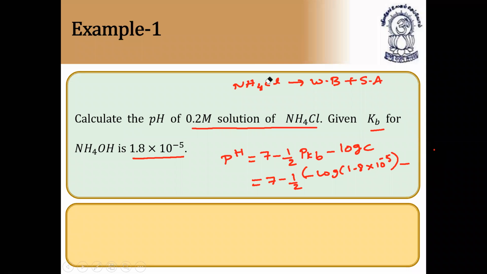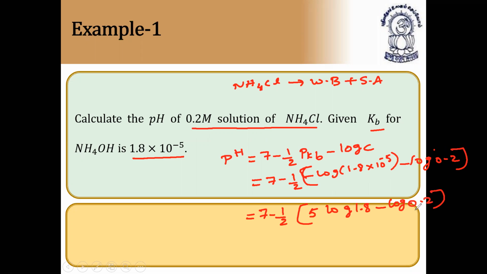So if we keep this completely in brackets, first you solve this, automatically you'll get the answer. So let us see, 7 minus half into bracket log 1.8 10 to the power of minus 5. So minus 5, this becomes plus 5. So 5 minus log 1.8, minus log 0.2.